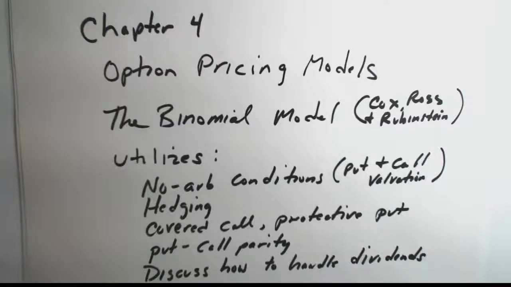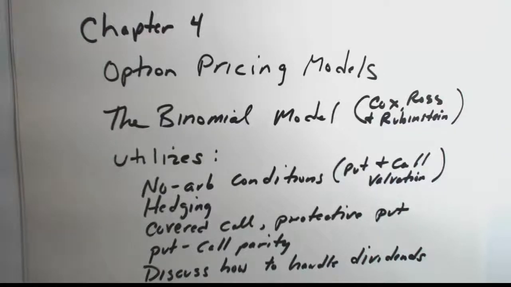how to value options. So in the last chapter, Chapter 3 on boundary conditions, we had just that, boundary conditions. We didn't really figure out how you actually get an exact call value of $3.28, for example, or a put for $3.28.